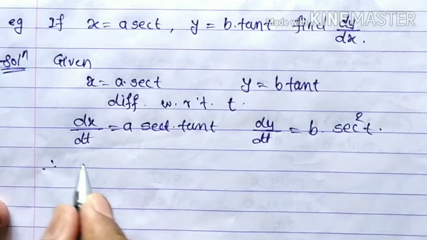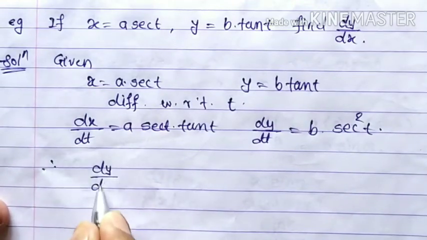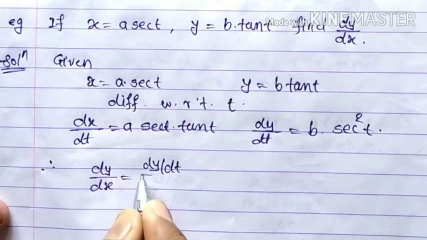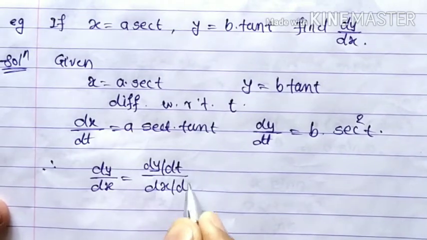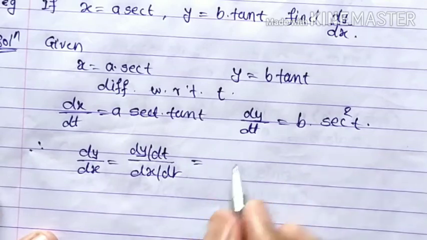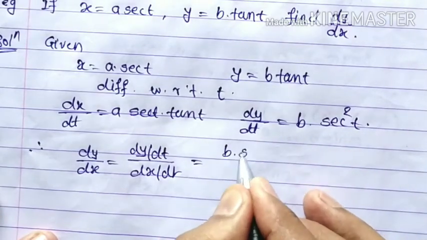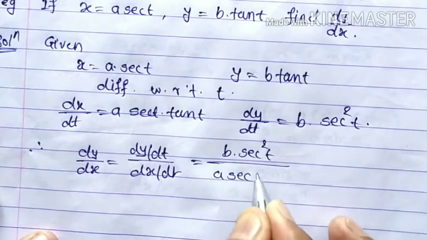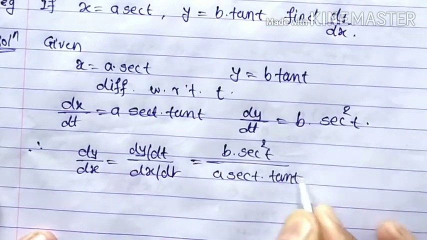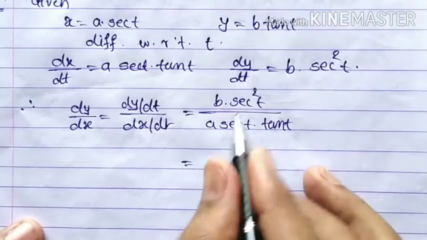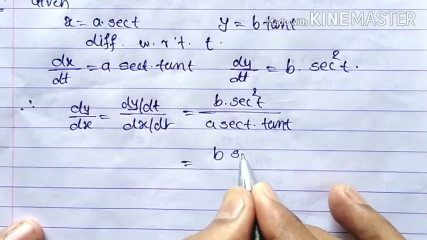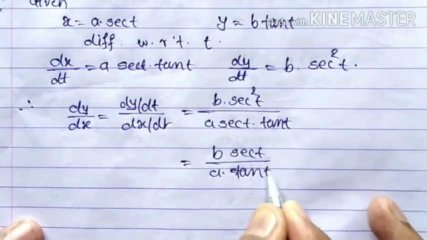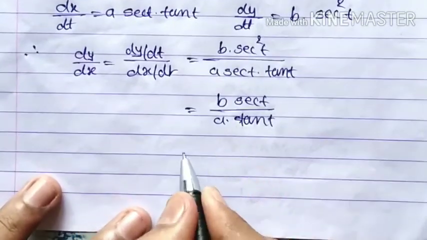And so the derivative of y with respect to x is dy by dt divided by dx by dt. What is dy by dt? This is b sec square of t. This is a sec of t into tan of t. Therefore this will be b into sec of t divided by a into tan of t, as one sec t is cancelled.